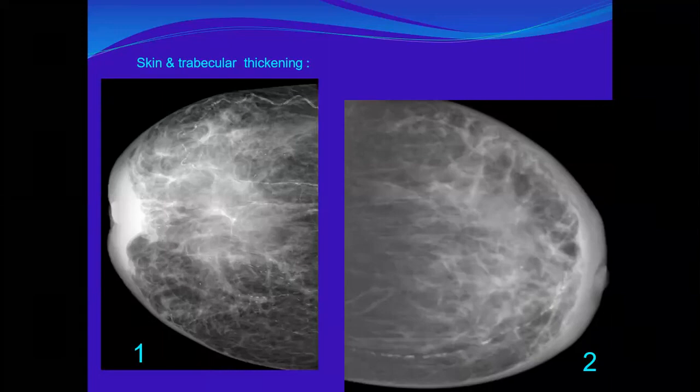Why? Because of the overlying edema, and because usually in inflammatory carcinoma the masses are small interconnecting nodules rather than a large mass. That is why MRI is superior to mammography in this case, presenting the abnormality much better. You see, this is an inflammatory carcinoma.